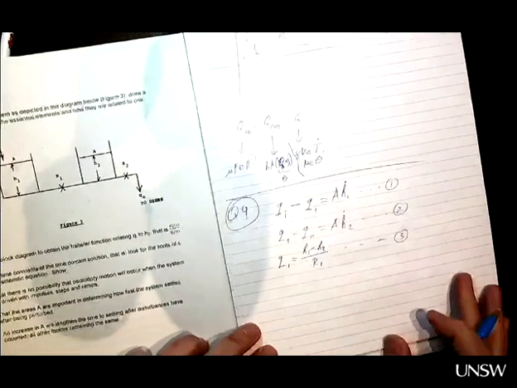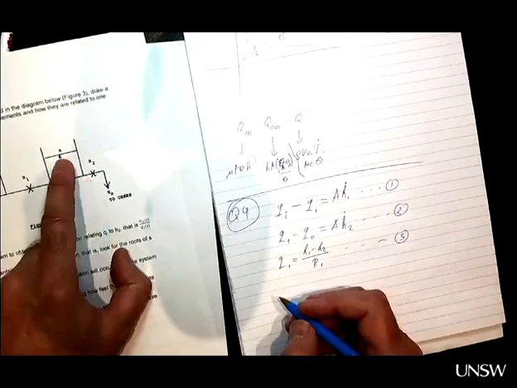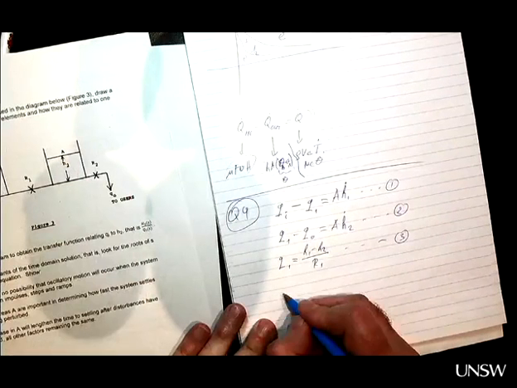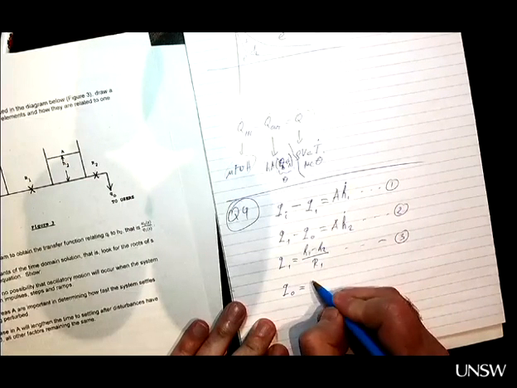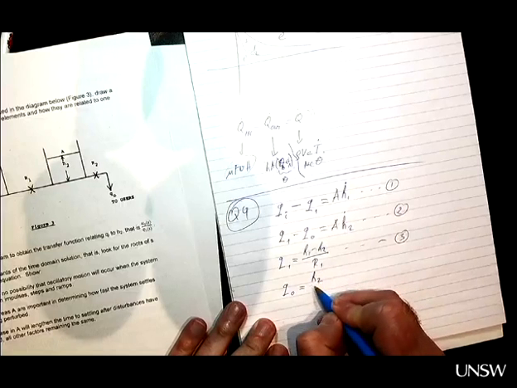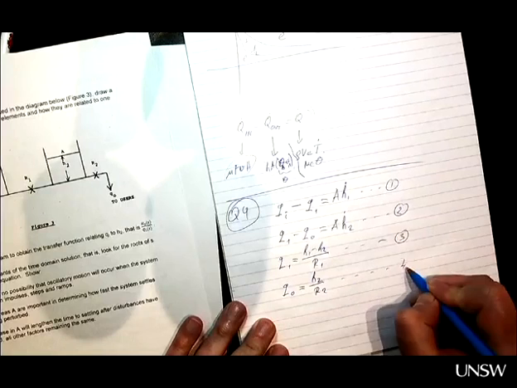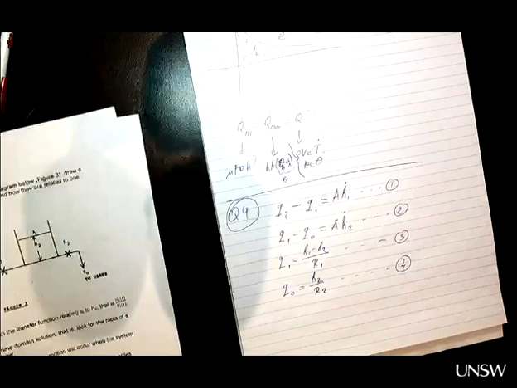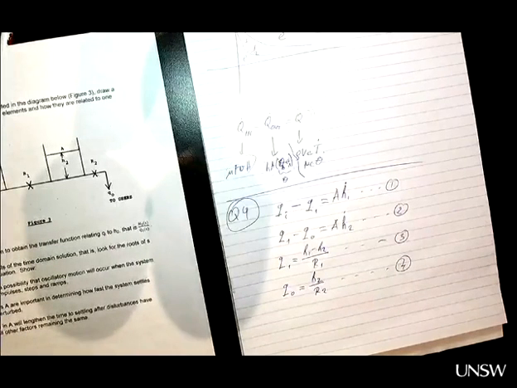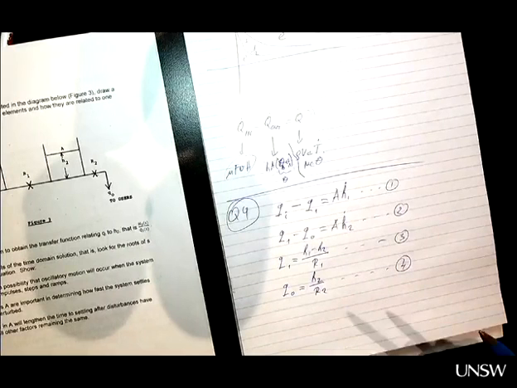Flow through the second valve, there's only H2, nothing on the other side, so QO equals H2 over R2. Okay, so we want to draw a block diagram using these 4 pieces of information, these 4 equations.